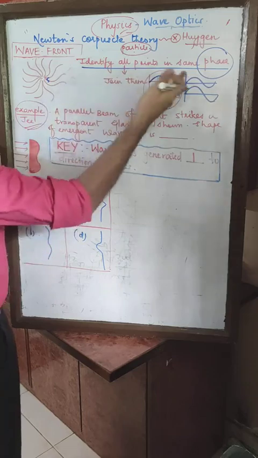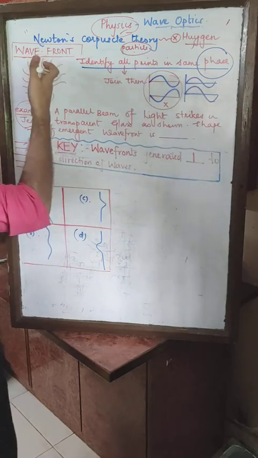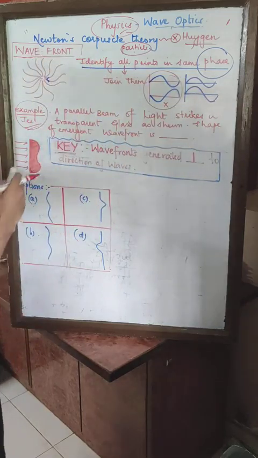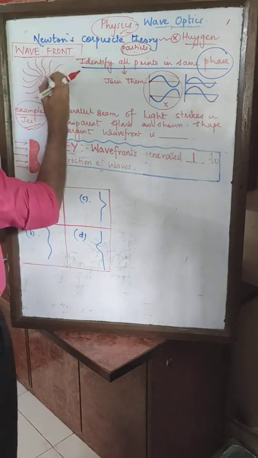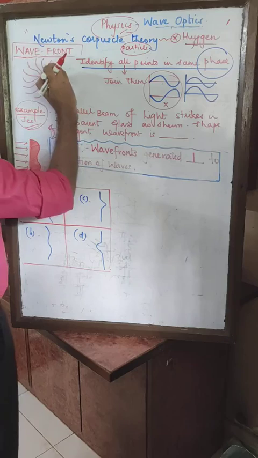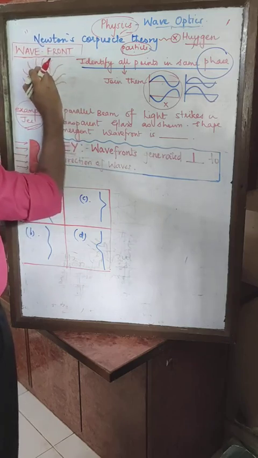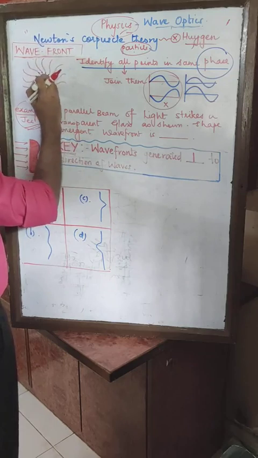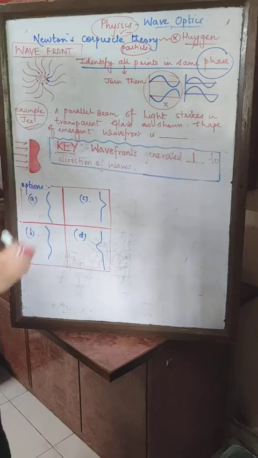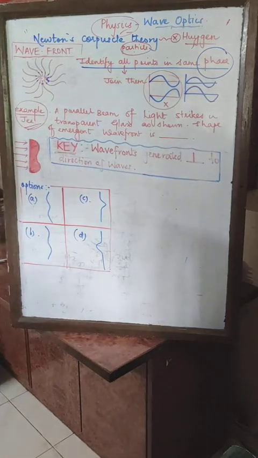Now we can take any of them, crest or trough. If I am taking trough, for example, this is one point, second, third, fourth, fifth, sixth, seventh. Just mark these points.